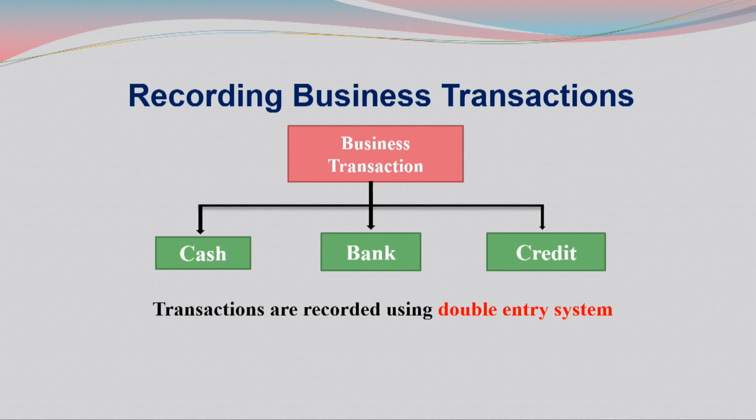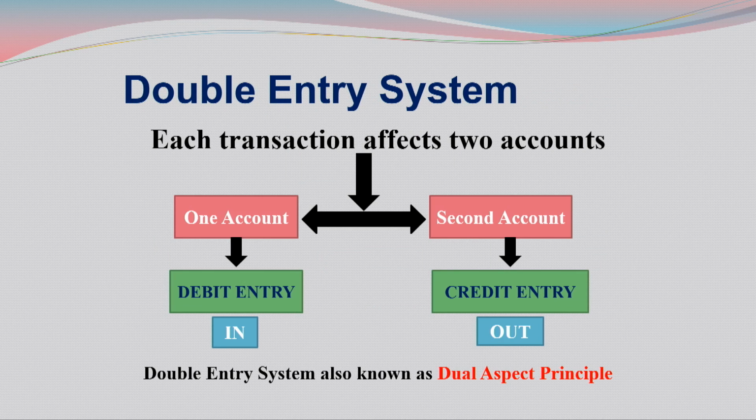These transactions are recorded using the double entry system. Double entry system implies that each transaction affects two accounts. One account has a debit entry and the second account has a credit entry.